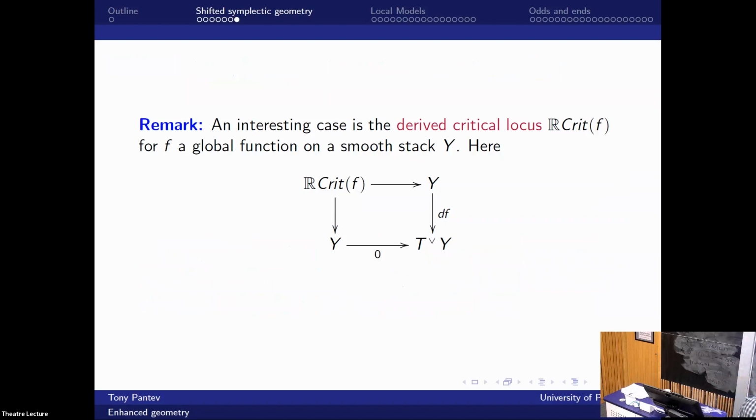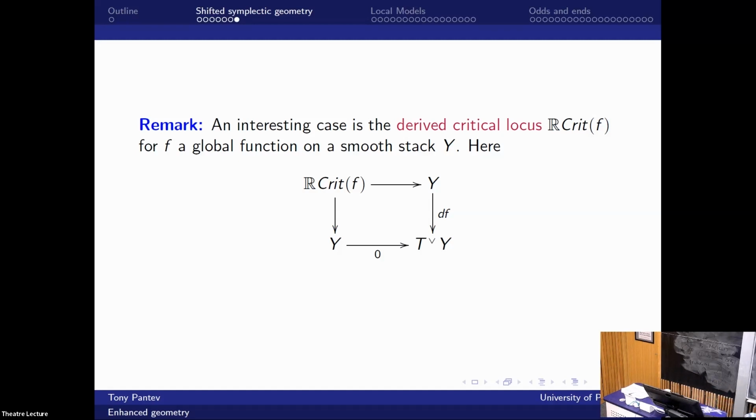One way to concoct such a pair is to look at a function on a space and take one of the sections to be the zero section of the cotangent bundle and the other section to be the differential of the function, the one-form given by the differential of the function. The naive intersection of those two will be just the critical locus of the function. And if you do the derived intersection, this is the derived critical locus.